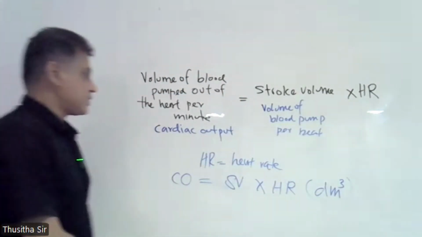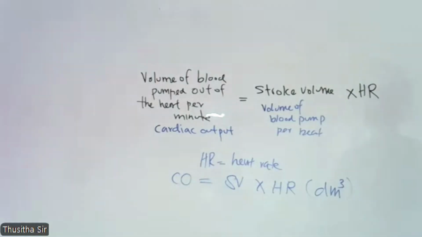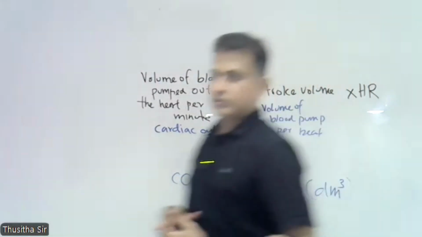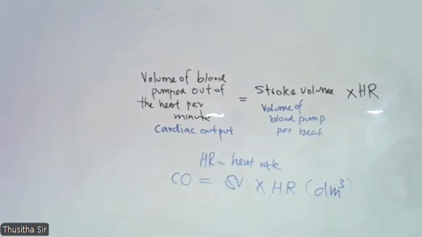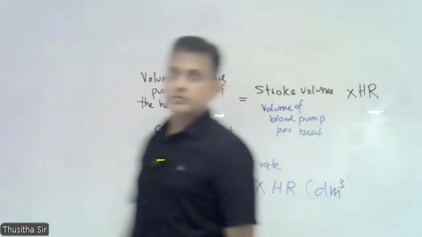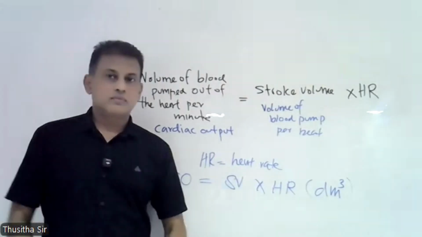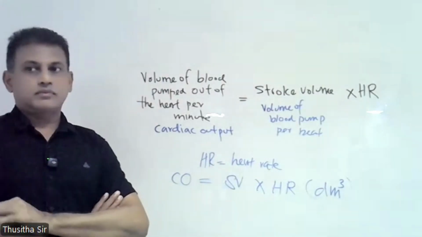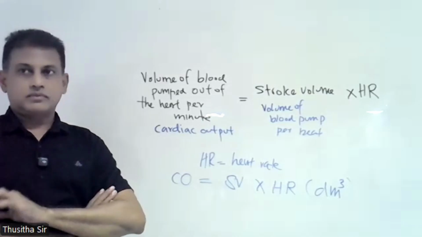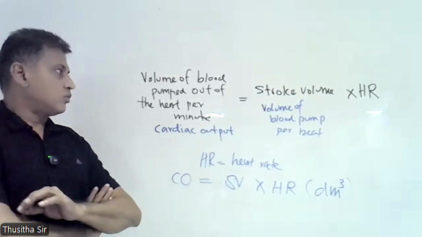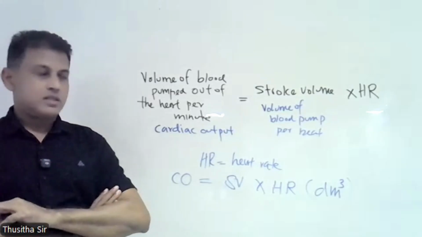It's not a big formula to remember: cardiac output equals stroke volume into heart rate. The volume of blood pumped per beat is the stroke volume.